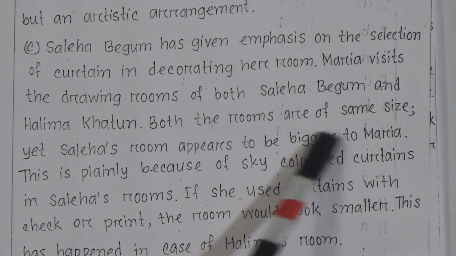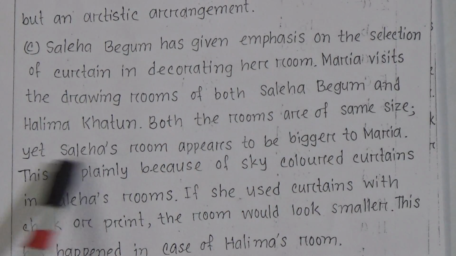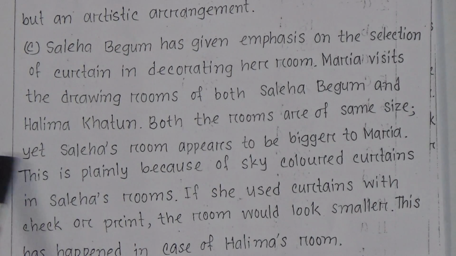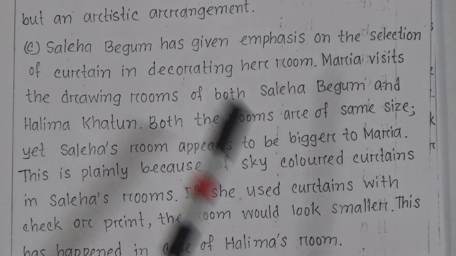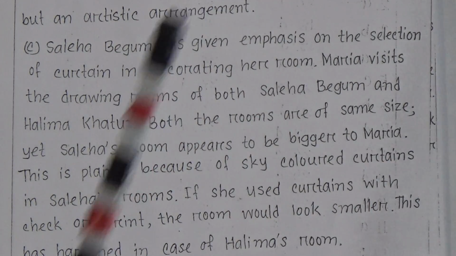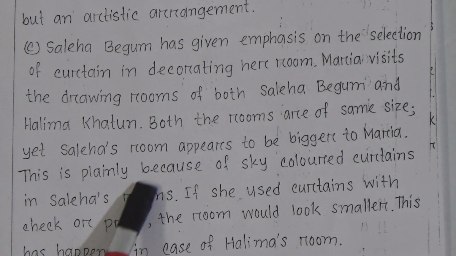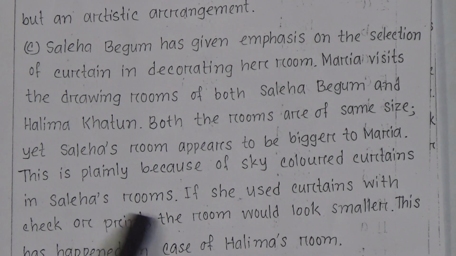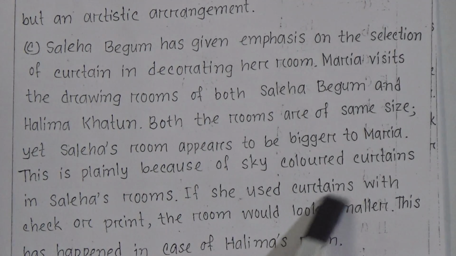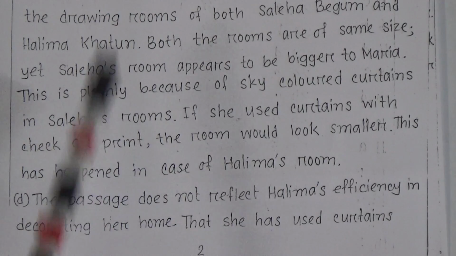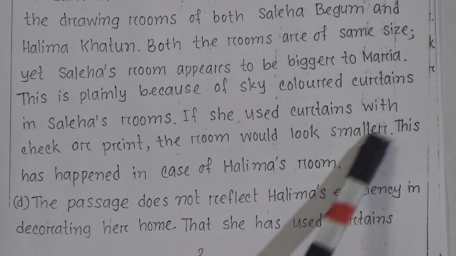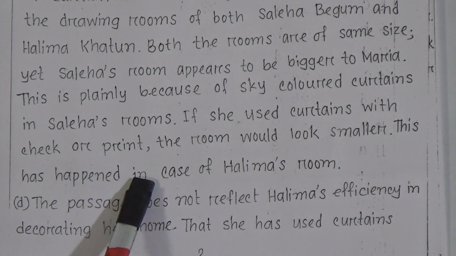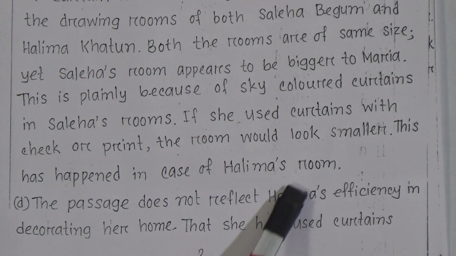Both the rooms are of the same size. Yet Saleha's room appears to be bigger to Maria. This is plainly because of sky color curtains in Saleha's room. If she used curtains with check or print, the room could look smaller. This has happened in the case of Halima's room.